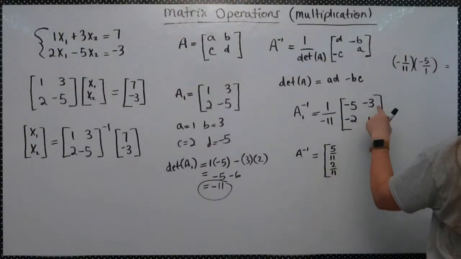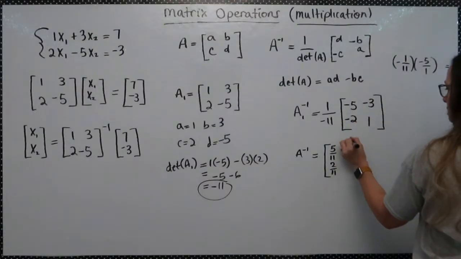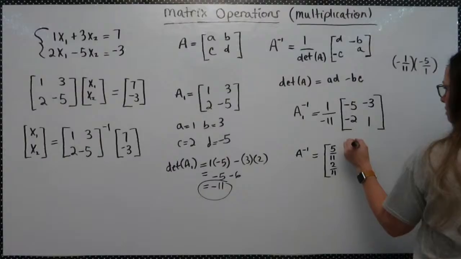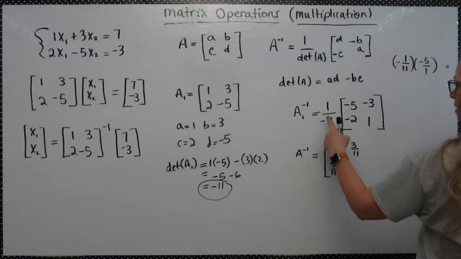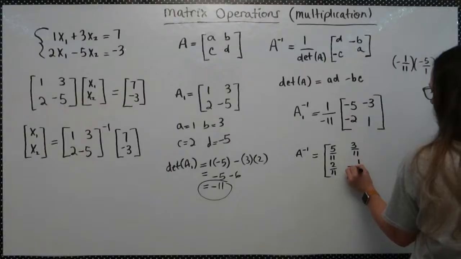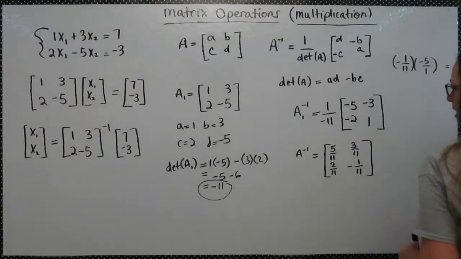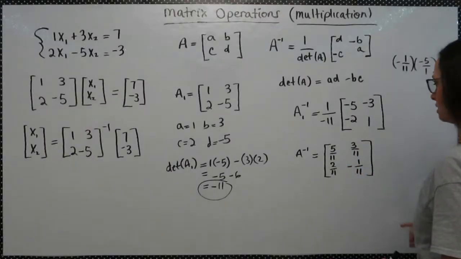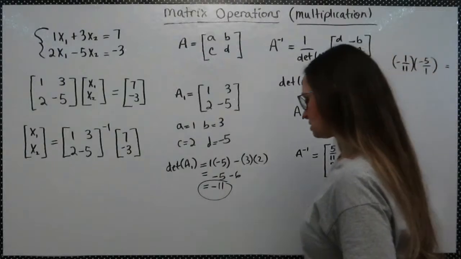And then -1 over 11 times -3 is positive 3 over 11. And then one more, it's a positive times a negative, so this one's going to be -1 over 11. And if we did it correctly, then this will be the matrix.